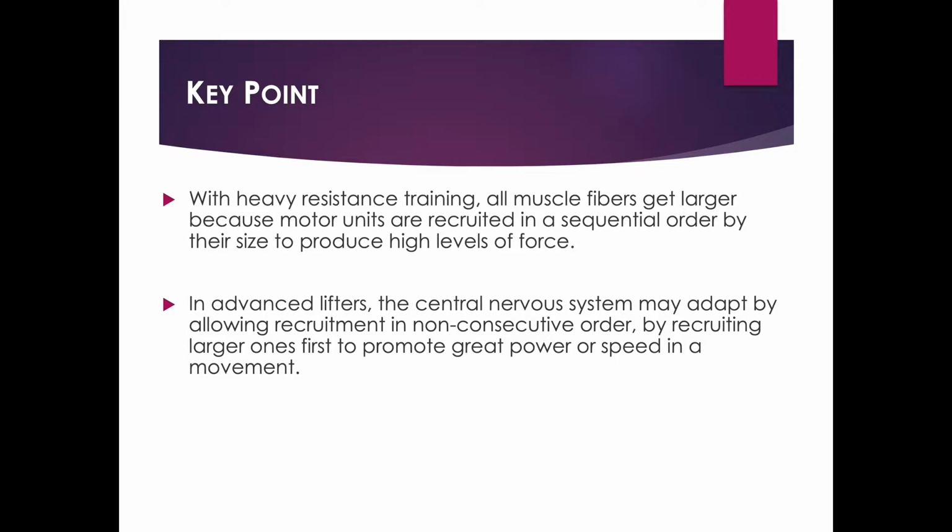So I wouldn't be surprised if it's already recruiting those more advanced, larger threshold motor units before anything else. And I bet you it's an adaptation that takes time, and that's why you look at these athletes who can perform movements in such a smooth fashion. It's because over the years and years and hours of doing a movement, they fine-tune it perfectly. So, like I said, there's no definitive evidence of this, but it's a common thought that a training adaptation is being able to recruit the larger threshold motor units first.